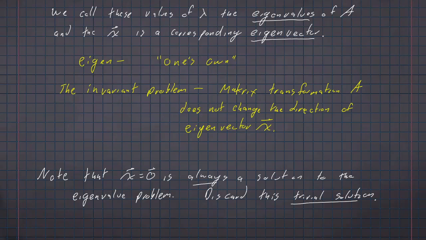We've mentioned before, the zero vector very often is referred to as a trivial solution. It works, it's not useful, and it gets in the way of actually analyzing the thing that is useful.